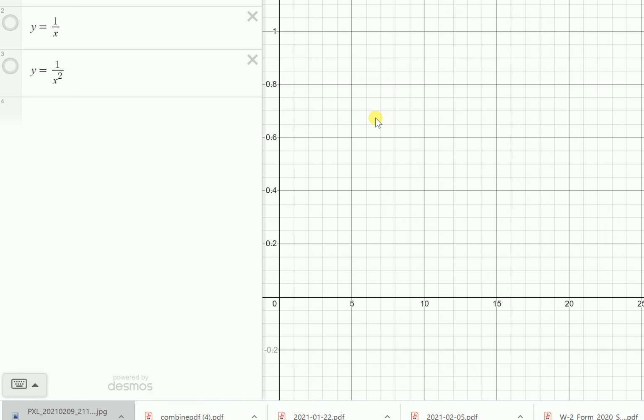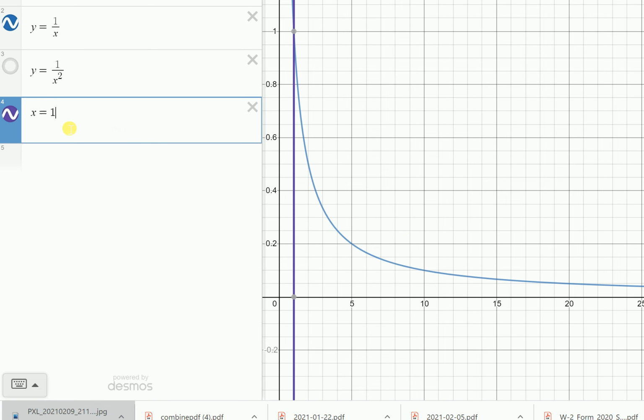So for perspective, I think it's helpful to graph these on the same set of axes. So I'm going to do this in Desmos. I'm going to color in y equals 1 over x first. And notice that there is that graph. So we'd be talking about the area starting at the line x equals 1, and then everything to the right of that underneath this graph and above the x-axis.